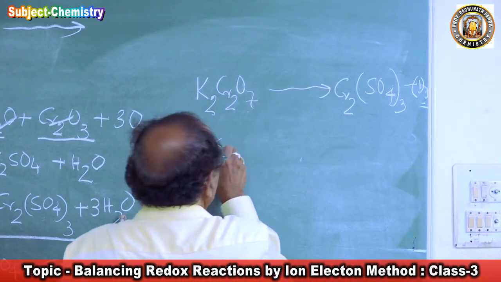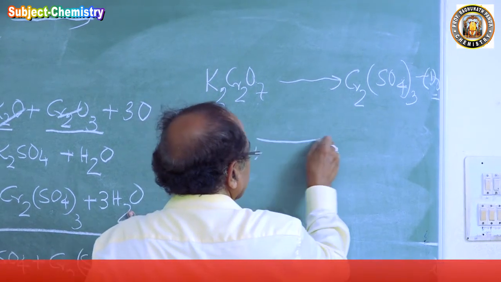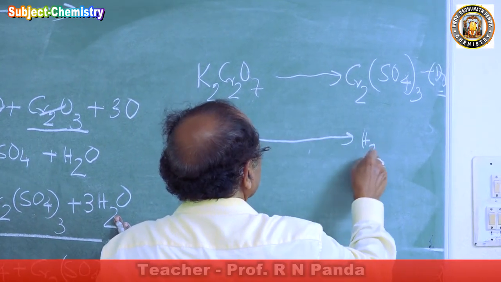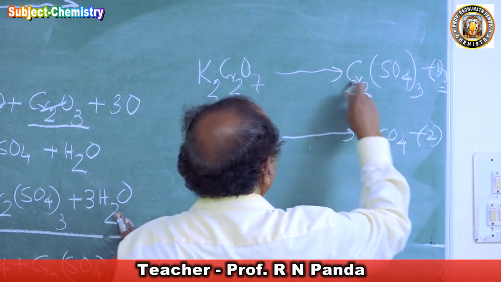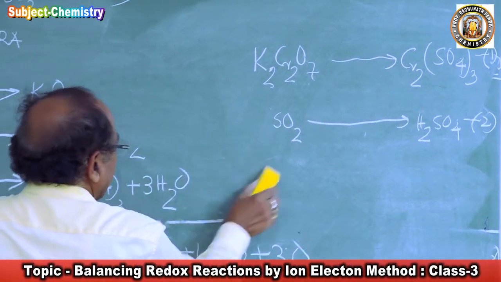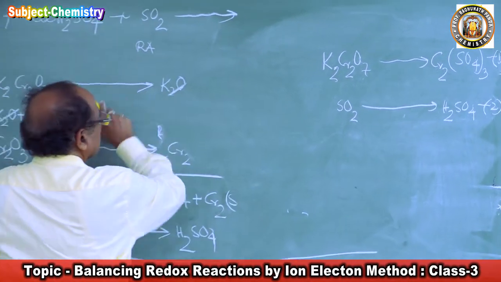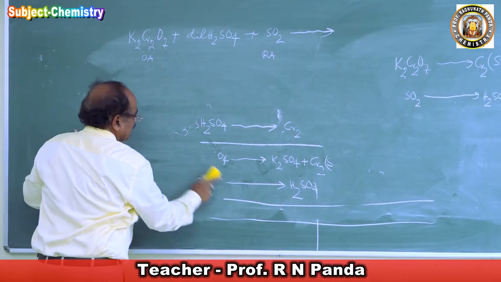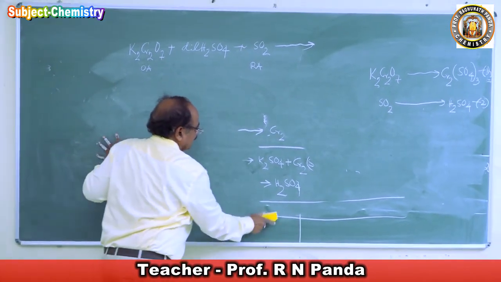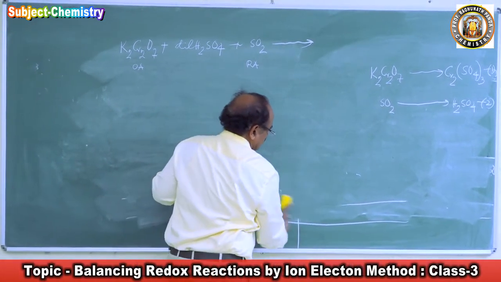Then sulfur dioxide is becoming sulfuric acid. These are two equations. We will write the oxidizing reagent reaction in ionic form and the reducing agent in ionic form, and then we will balance them.